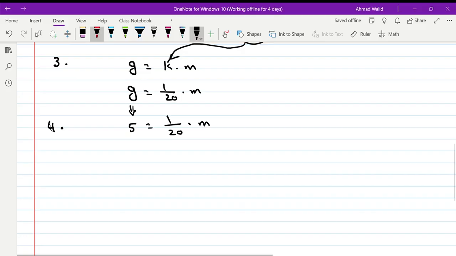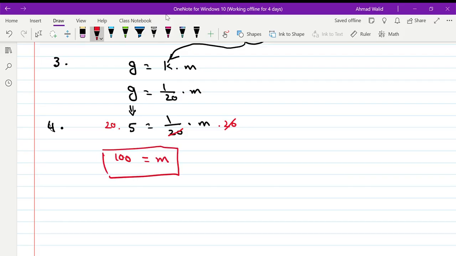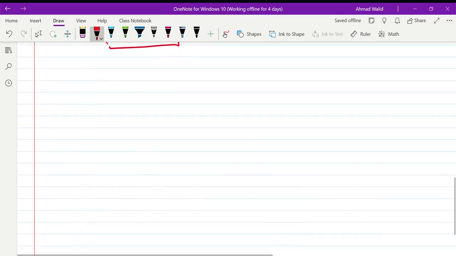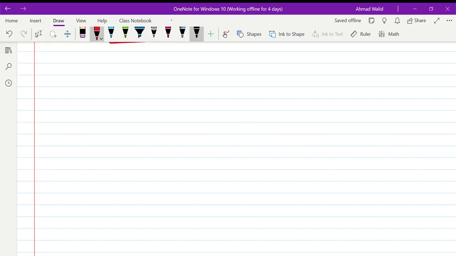You have to multiply both sides by 20. 5 times 20 gives you 100. Here 20 cancels out with 20. 100 equals m. Here you go. It means if with 1 gallon of gas you can travel 20 miles, with 5 gallons of gas definitely you can travel 100 miles. This example was really easy that I used just to explain.